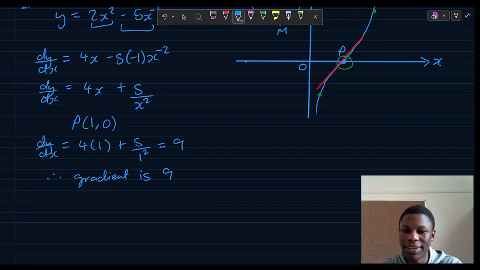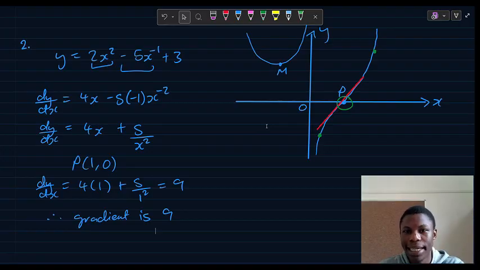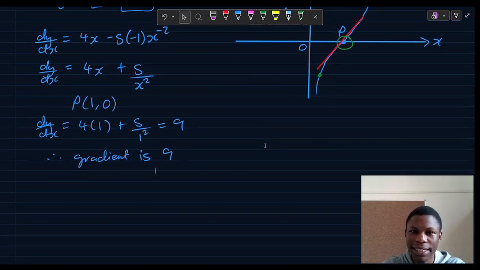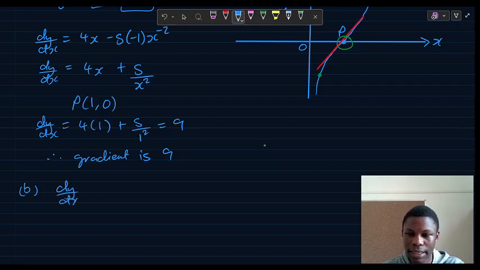Part B says find the coordinates of M. Note that M is a minimum point, and so hopefully that should get you thinking of how we're going to approach this question. Anytime you see minimum point, maximum point, or stationary point, the first thing I want you to think about is that dy/dx is equal to 0.